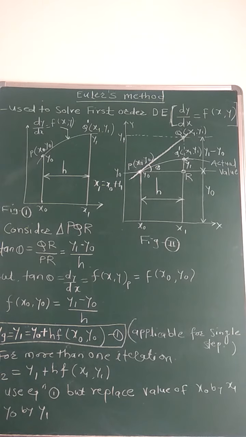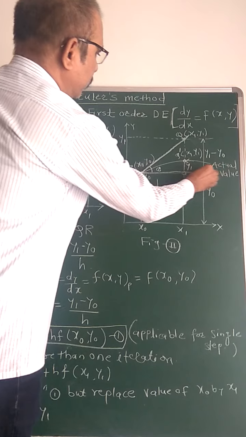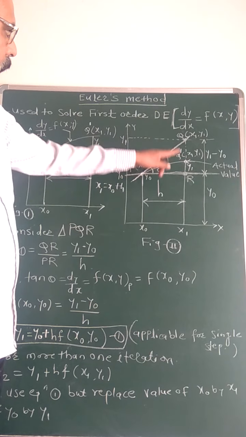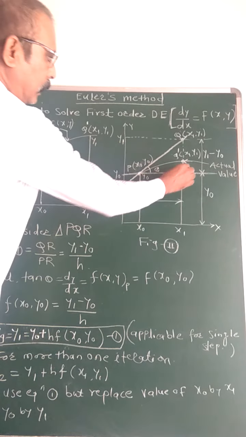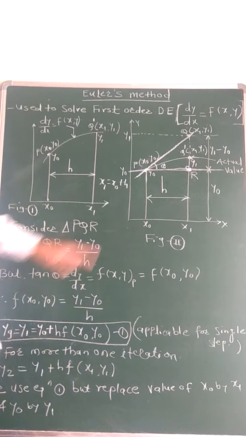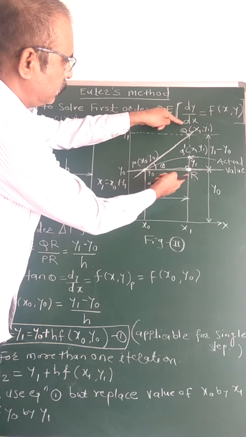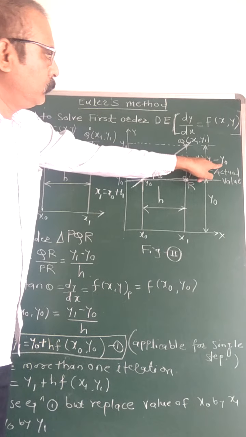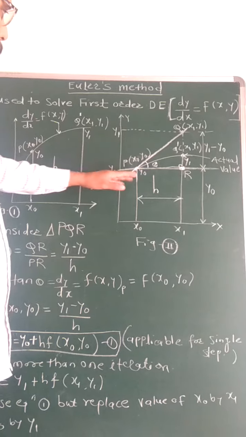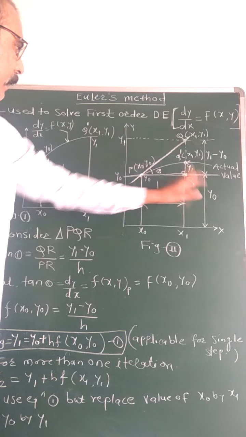Now draw a line parallel to the x-axis passing through P. Now this parallel line intersects the x1 Q dash line at point R. Now from the geometry of this figure, this total distance is y1, this is y0, therefore this QR is equal to y1 minus y0, and this tangent PQ forms an angle theta with this parallel line PR.